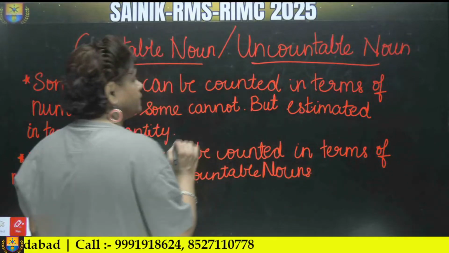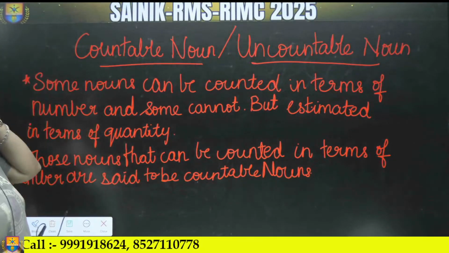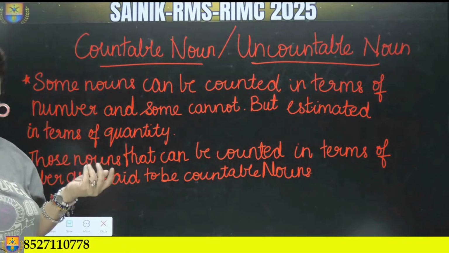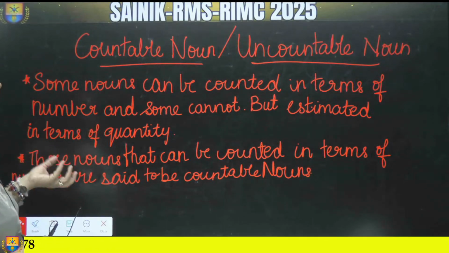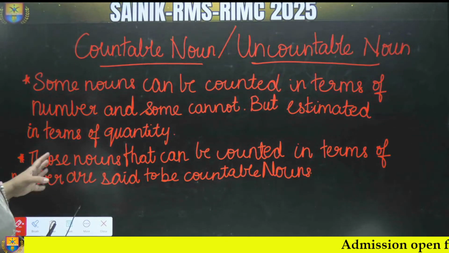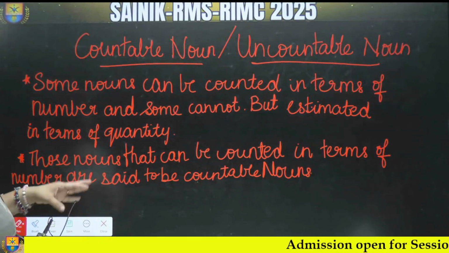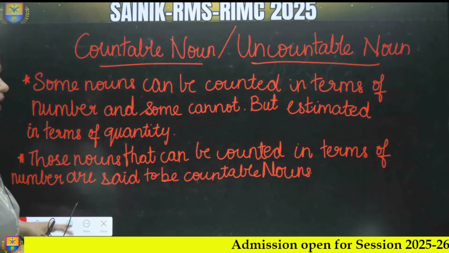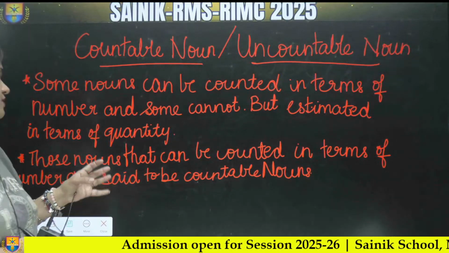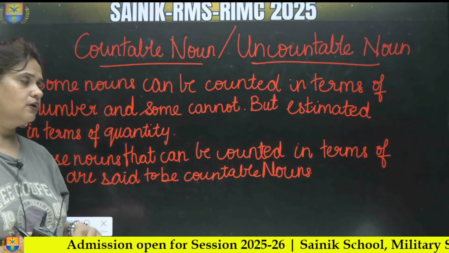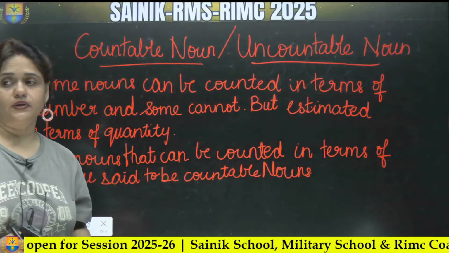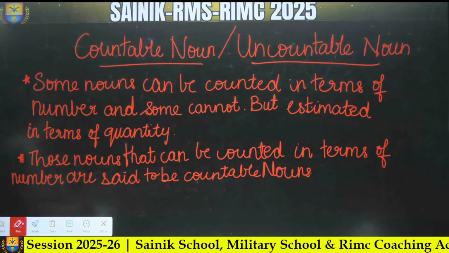Now we have seen there are two kinds of nouns, countable and uncountable, and whatever we count, we count in terms of number. Quantity is an estimate. So what is the first one? Countable noun. Those nouns that can be counted in terms of number are said to be countable nouns. Any noun, any item that we can count, we will put in the category of countable nouns.